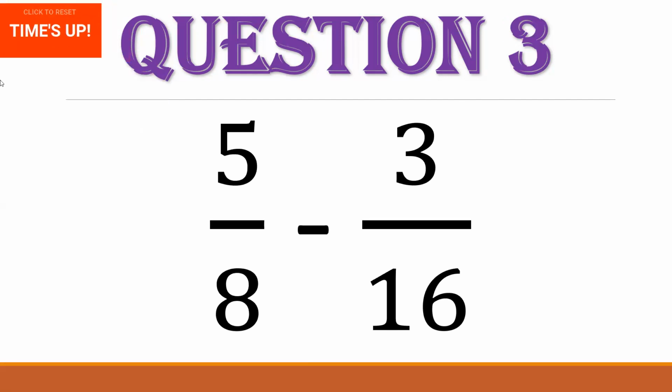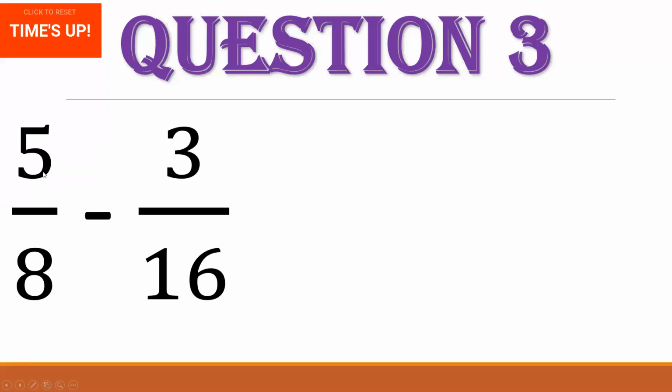This question, what we are going to do, how are we going to answer? Firstly, we must make them equal. So we have now 8 and 16. If you want, you can write 8 times 16, 5 times 16, but we are going to get big numbers if you do that.